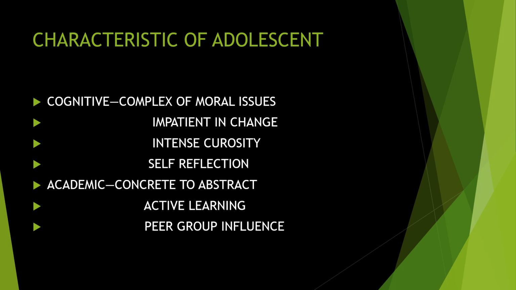They don't want to break their peer group. Academically, if their friends are all studying, they also tend to study. If they are loitering here and there, they also tend to loiter without studying. So the academic section is also part of the characteristics of adolescent students, and we have to always keep that in mind.